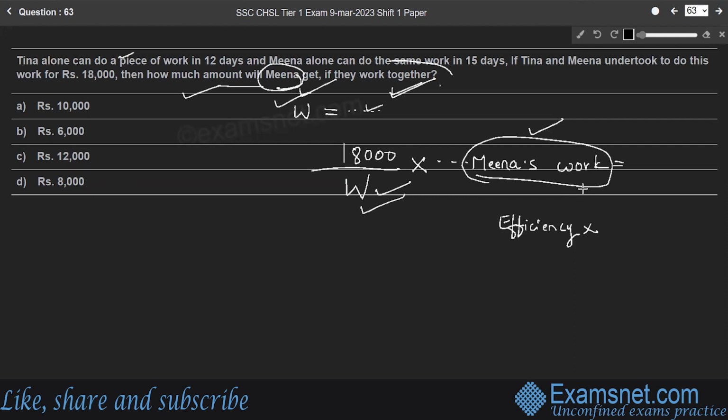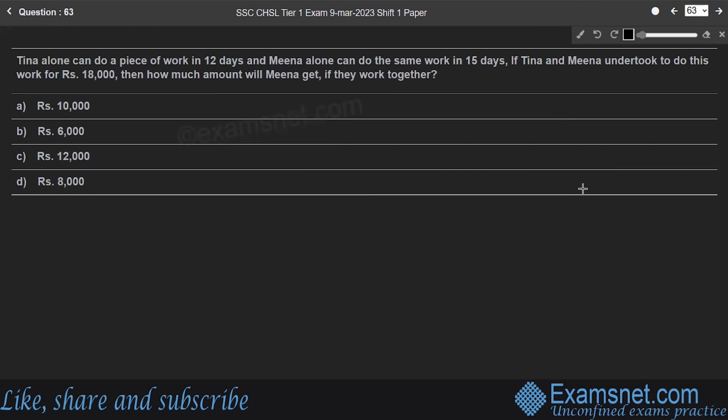Not the individual times, which are given as 15 and 12 here, but the total time taken by Tina and Meena together. Efficiency of Meena into total time gives Meena's share of work. So let us go step by step. First, we need to take W as the total work.